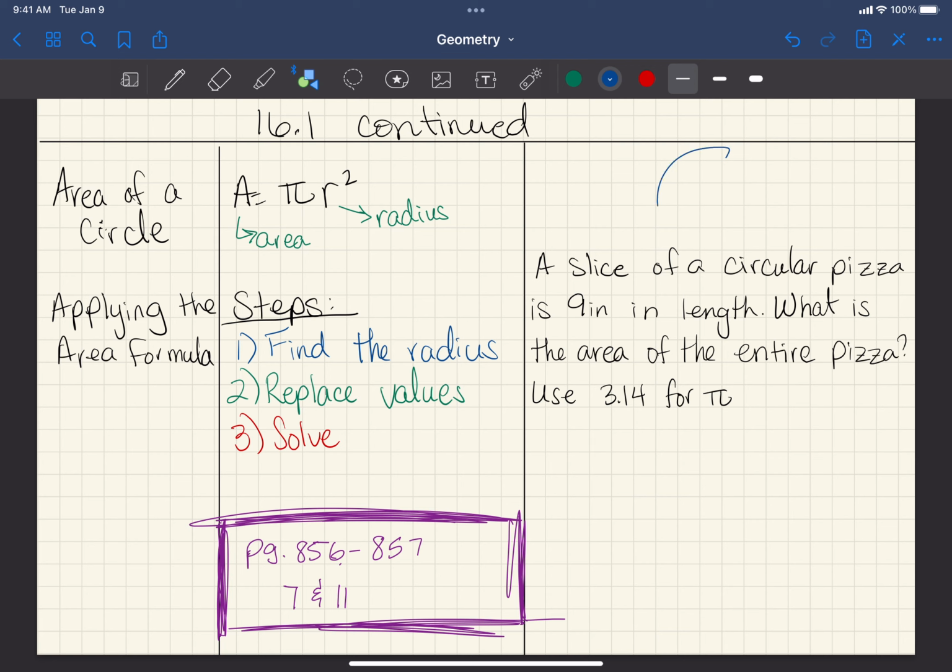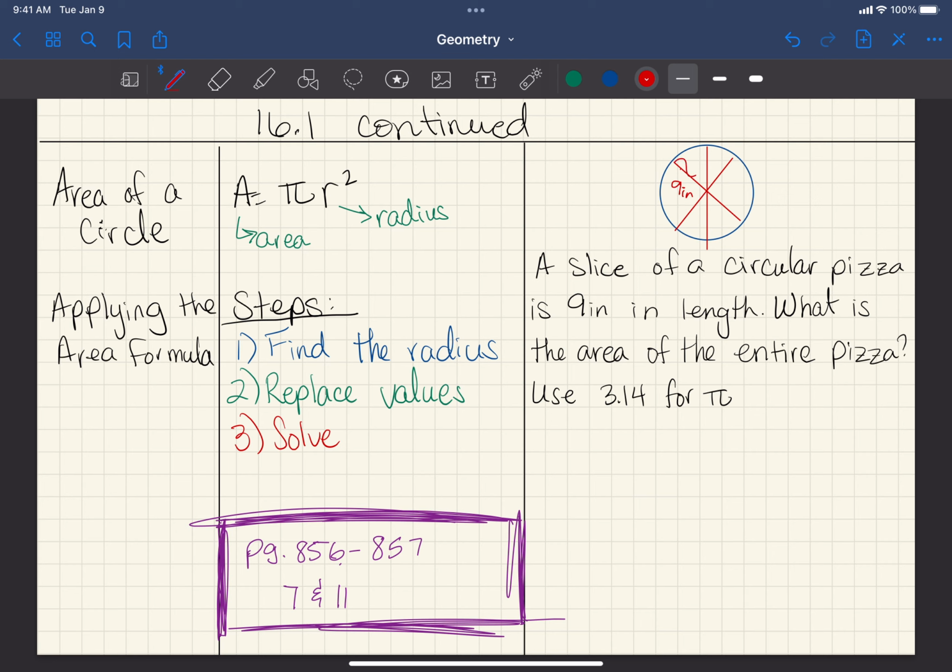So remember that if I have a pizza, right, and I have one slice, a slice is going to be something like that. It's not going to go the entire length of the pizza for one slice, right? It's going to be split up. So what this is telling me is that one of these lengths here is 9 inches.